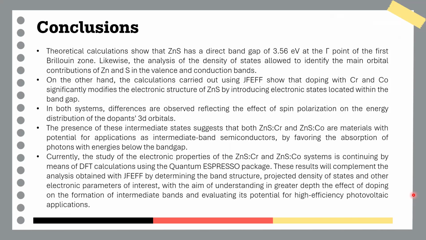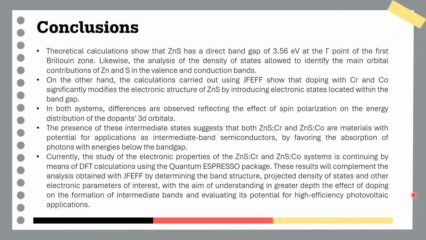On the other hand, the calculations carried out using JFEFF show that doping with chromium and cobalt significantly modifies the electronic structure of zinc sulfide by introducing electronic states located within the band gap. In both systems, differences are observed, reflecting the effect of spin polarization on the energy distributions of the dopants' 3D orbitals.